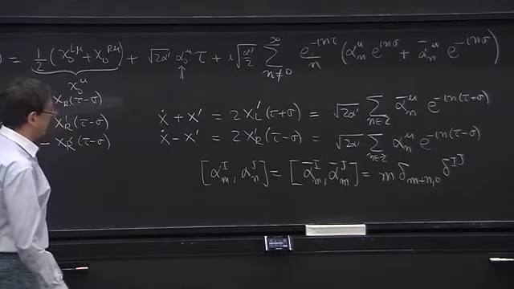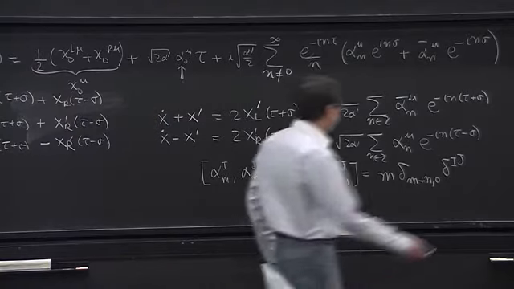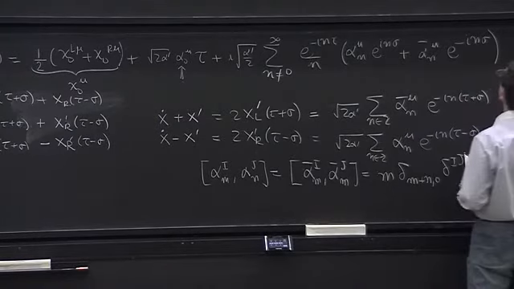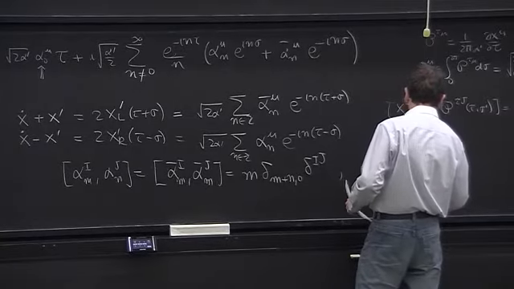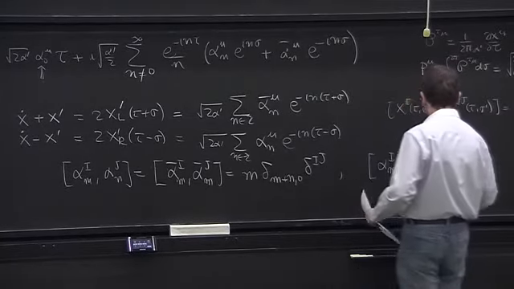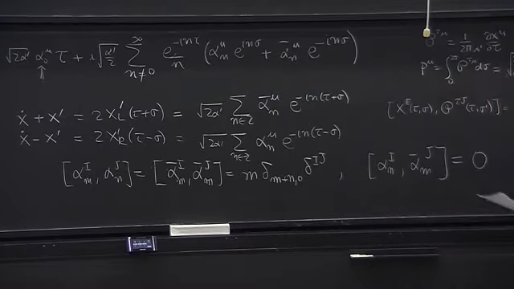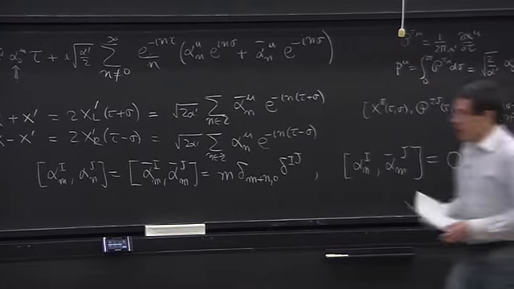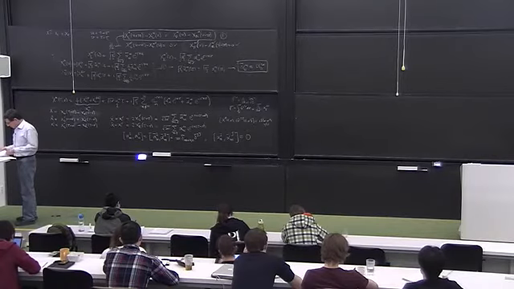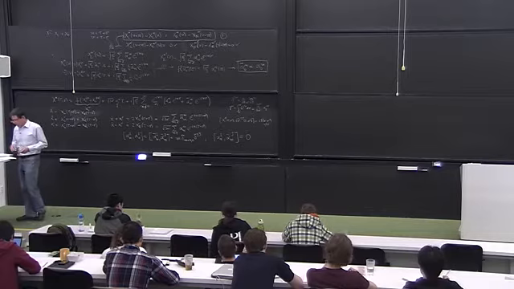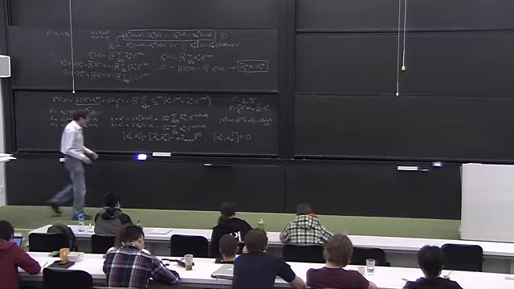The formulas are identical, and as we said, the ones commute with the others. So alpha n i with alpha m bar j are equal to 0. So we're in good shape.